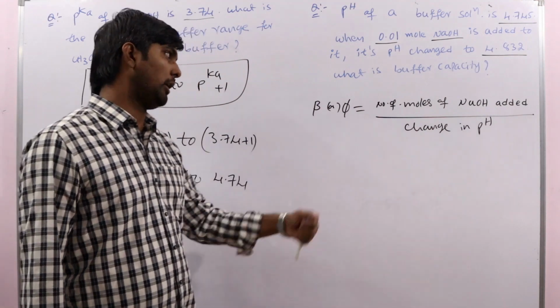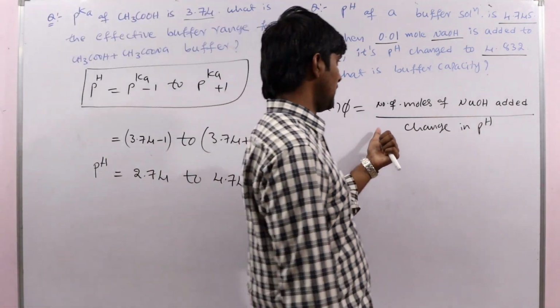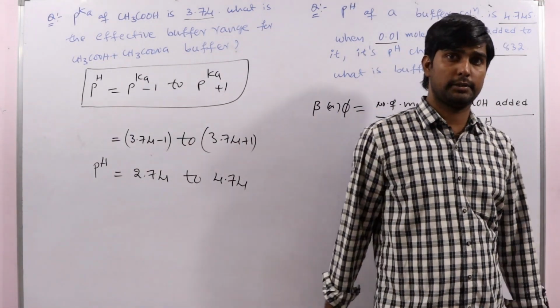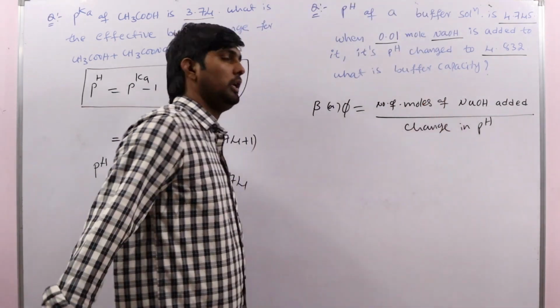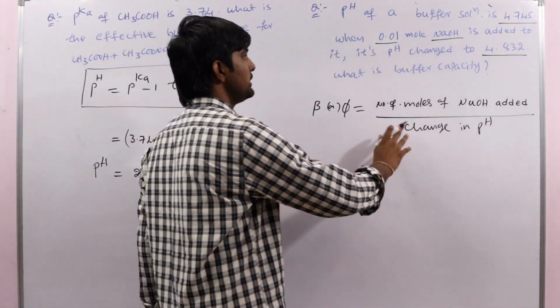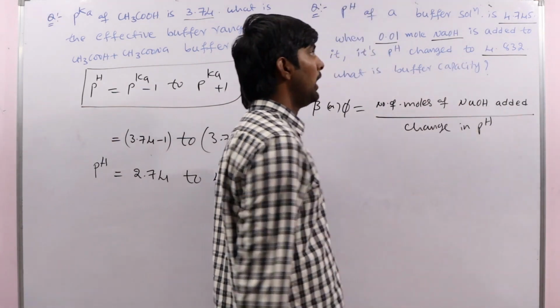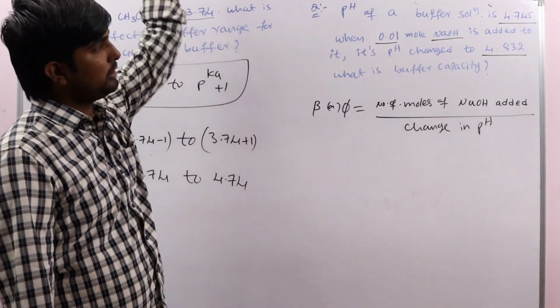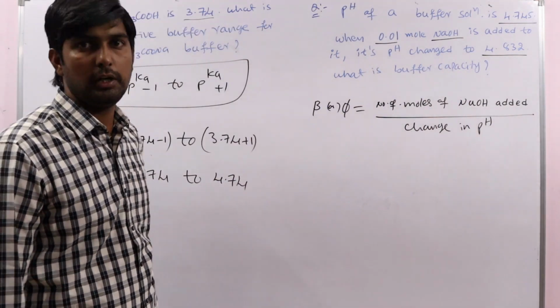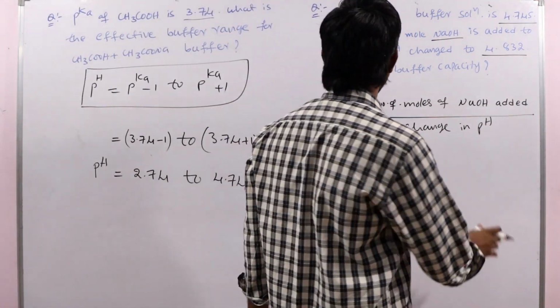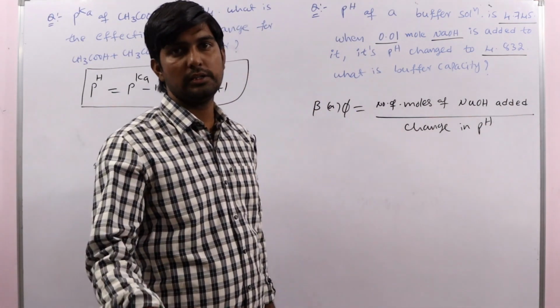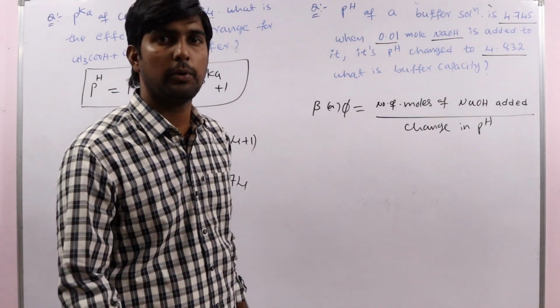The actual formula is number of moles of acid or base added to 1 liter of buffer solution by change in pH. Here volume is not mentioned, so we are taking it as 1 liter of solution only. If they mention other than 1 liter, that is a different case that we discuss now with another problem.